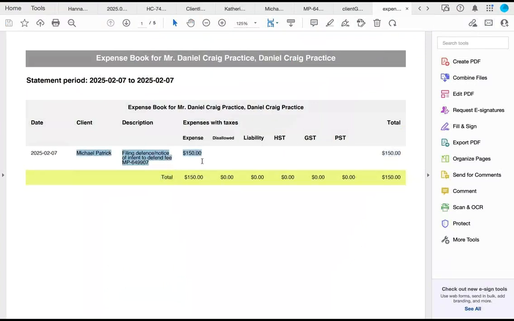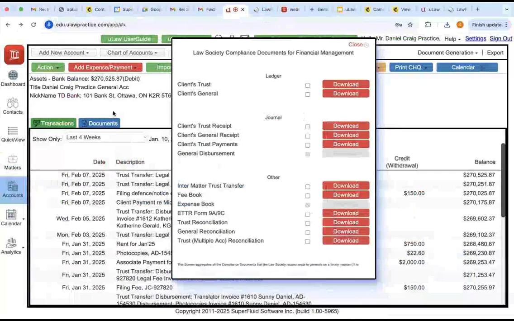So this is coming out of the expense book as well, as we have reported the expense saying this was paid out of the general bank account. And with the client and everything.